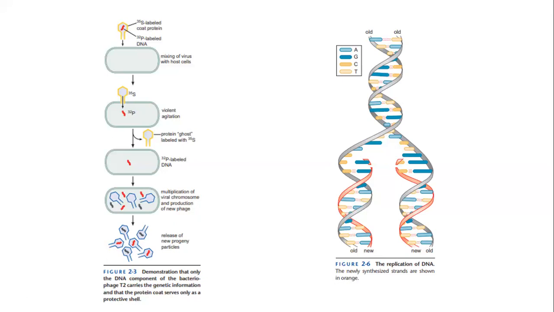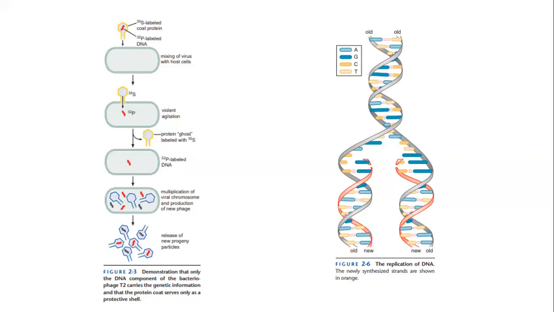Experiments of Kornberg revealed the involvement of a specific polymerase enzyme, that is DNA polymerase I, and energy-rich building precursors like dATP, dGTP, dCTP, dTTP, the nucleotide building blocks of DNA.